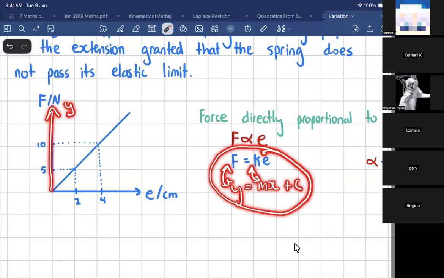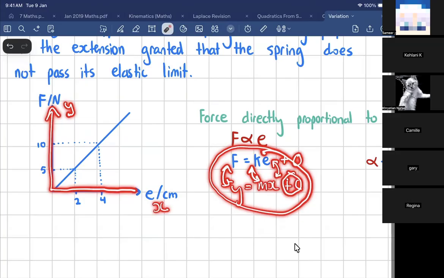M is K. So the gradient will give me K. What is x represented by? E. And E is on the x-axis. Notice that we don't really have a plus c, but if I write plus 0, you can see for yourself that c is 0.